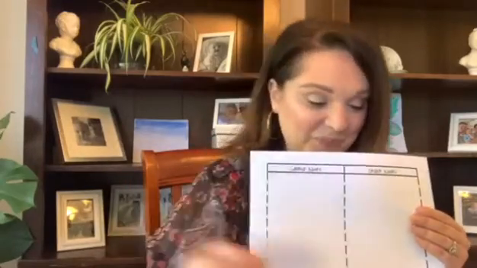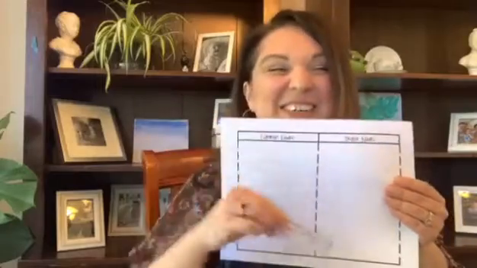America is a country, but America would be the proper noun, and it would be capitalized because it is the name of our country. So you're going to go through and you're going to get all of your nouns, and you're going to place them whether they are common or proper.